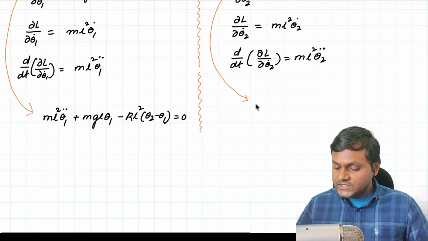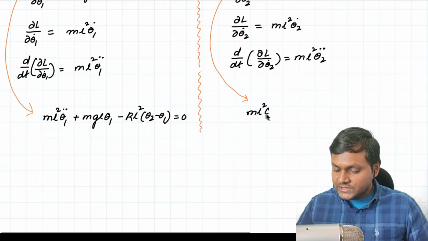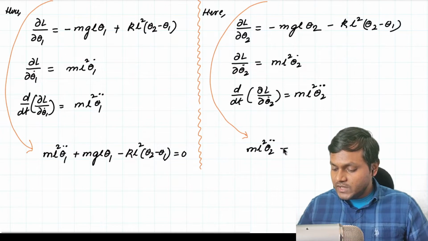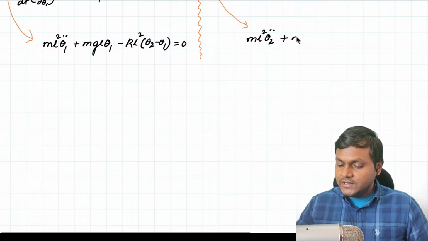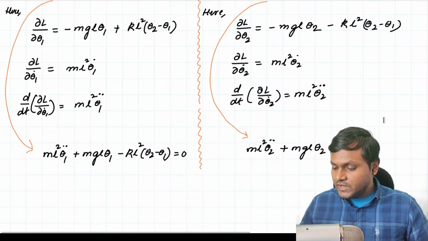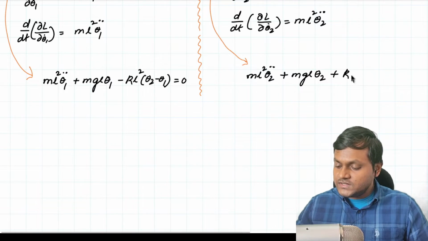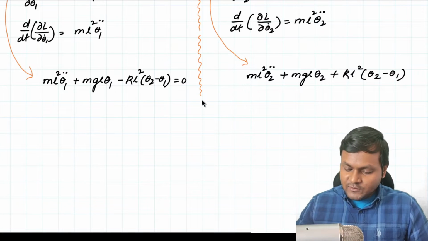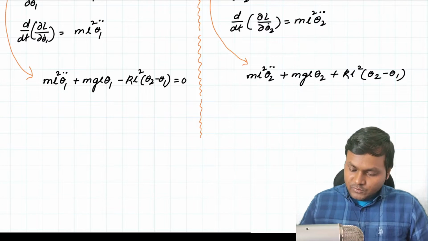And for the second case, you have mL² θ2 double dot, minus minus becomes plus mgl θ2, minus minus becomes plus kL². So we are almost there, guys. The equations of motion are just within our reach.